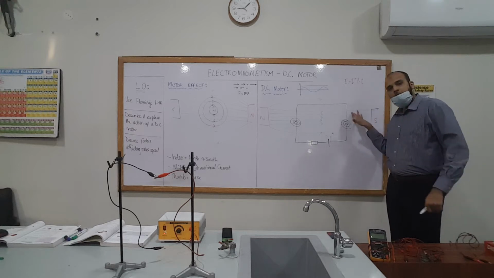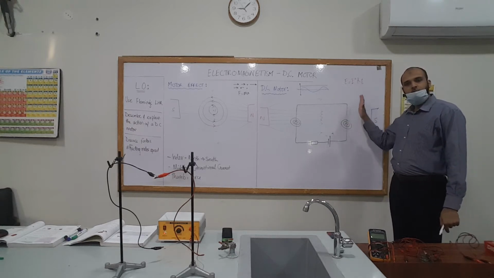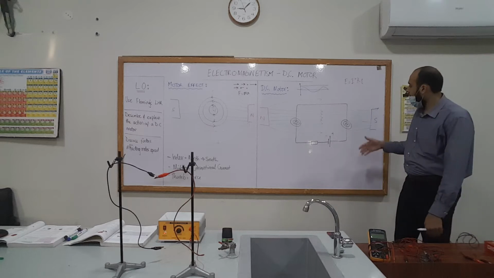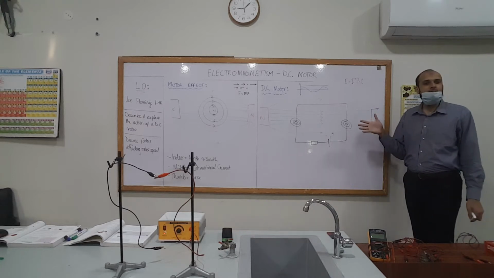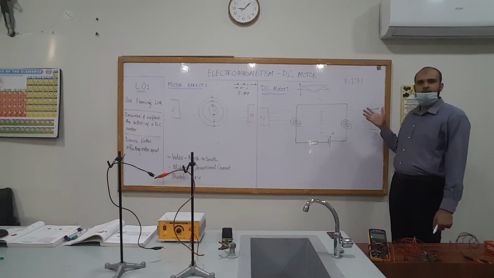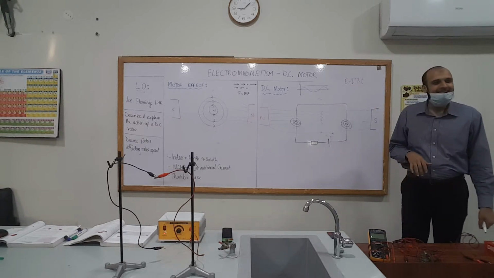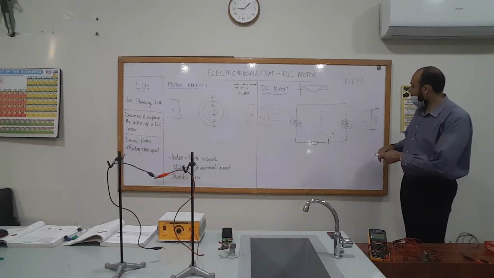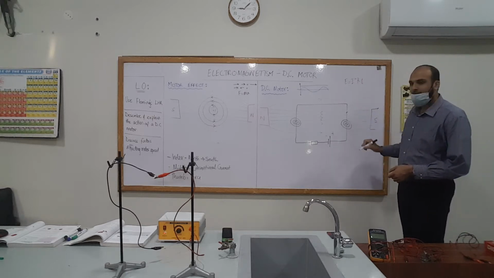So let's talk about the wire on the right, the wire that's going on. So in which direction should the conventional current be? Sorry, conventional current anti-clockwise. So conventional current would be upwards, right?